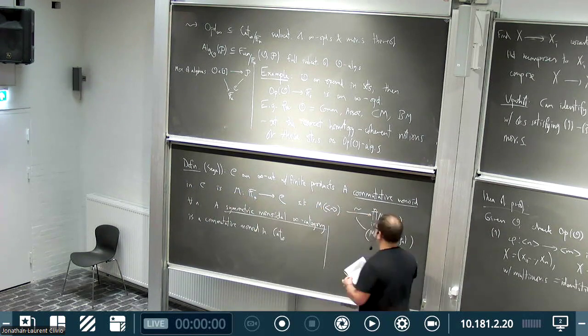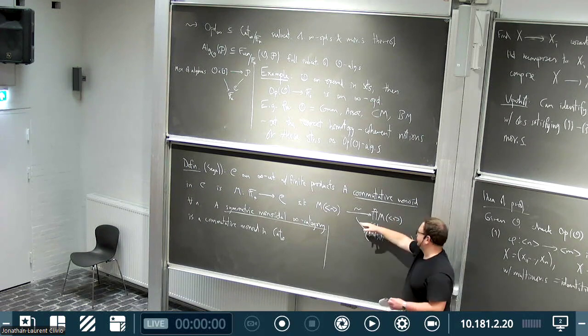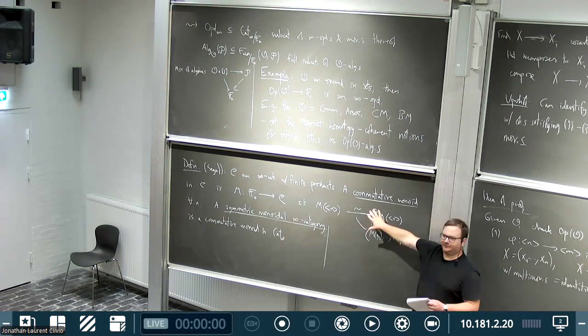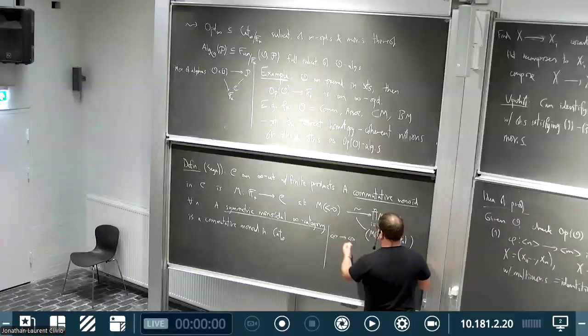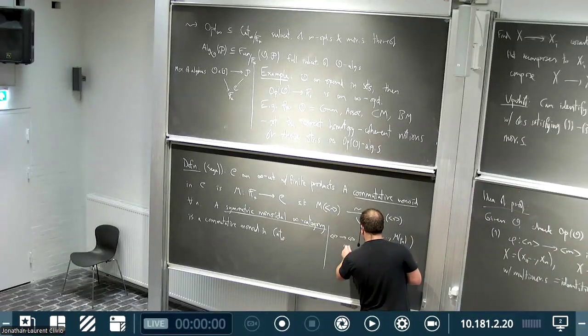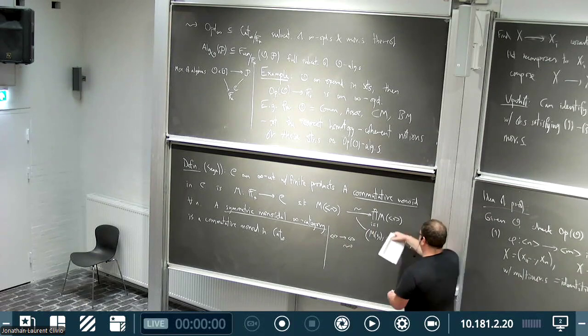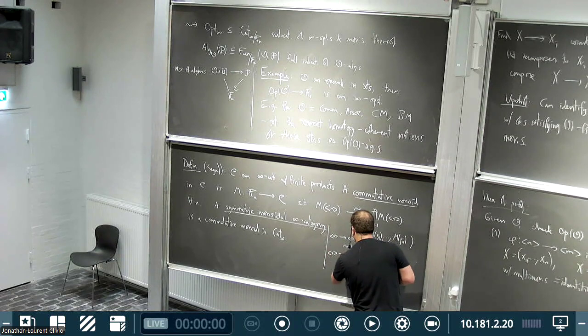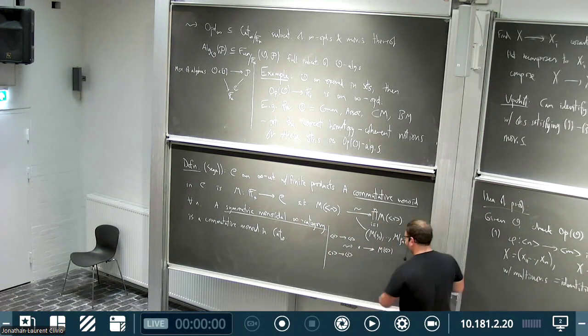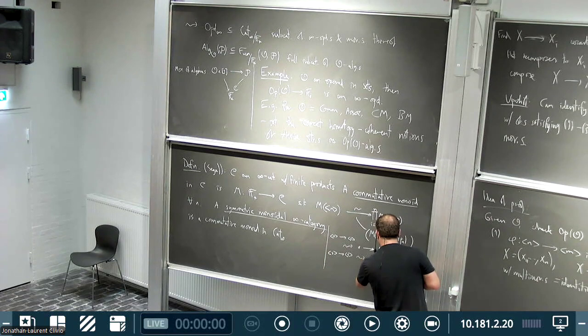So the idea is that again, the active maps are going to tell you the commutative multiplication structure. So you're going to have the active map from 0 to 1. I mean, the value of M at 0 has to be a point, the product of 0 copies of M of 1. You can get a map from the point to M of 1. That's going to be the unit of our multiplication. And then with the unique map from 2 to 1, which gives me a multiplication map from M of 1 squared to M of 1.